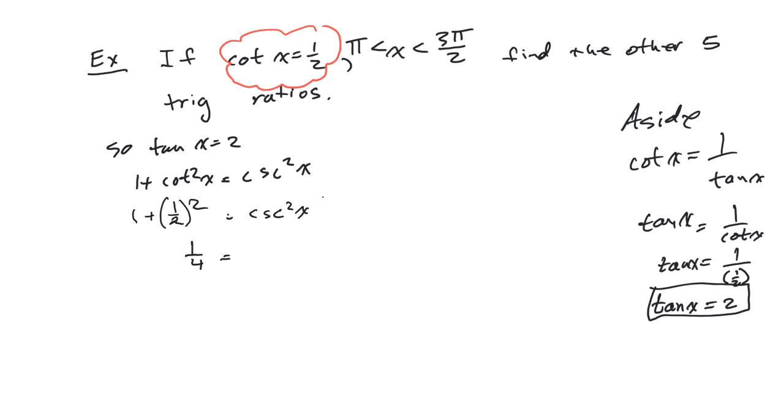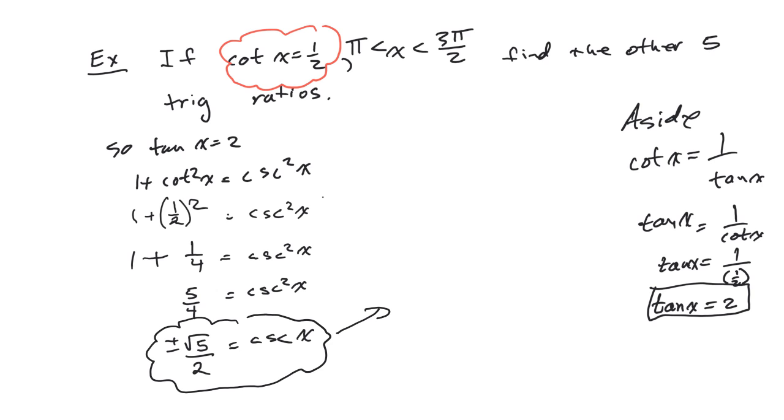This turns into 1 over 4 plus 1, so cosecant squared x is equal to 5 over 4. Now, to get this by itself, we got to square root it. So cosecant x is equal to plus or minus the square root of 5 divided by the square root of 4, which is 2.